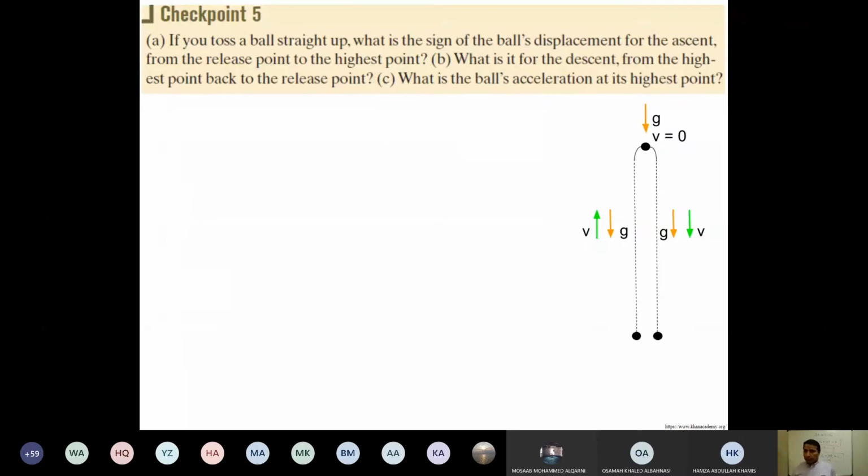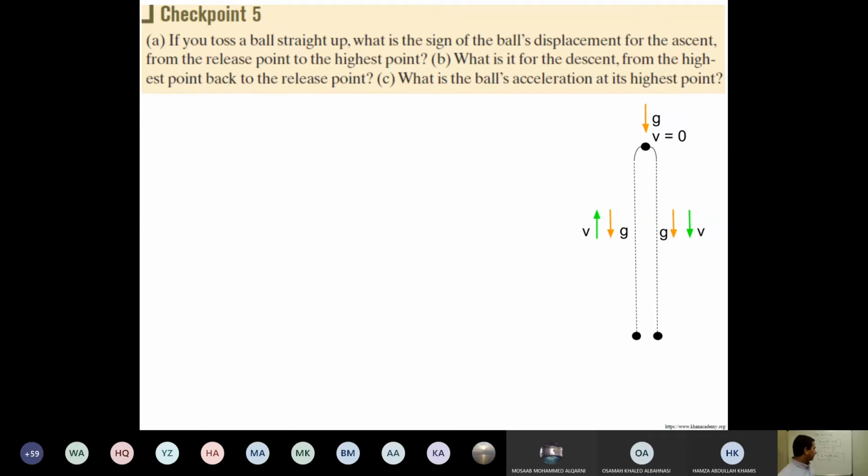So look, this checkpoint is describing that situation even better. If you toss a ball straight up, what is the sign of the ball's displacement for the ascent from the release point to the highest point? So when you toss it, the ball goes upward. In that case, what should be the sign for the displacement? What is your guess? Positive.